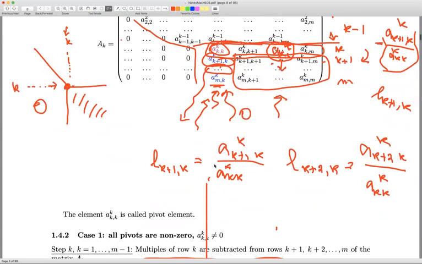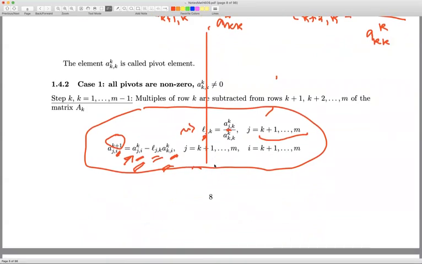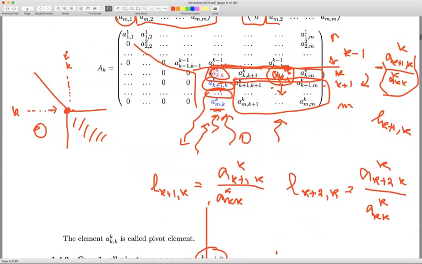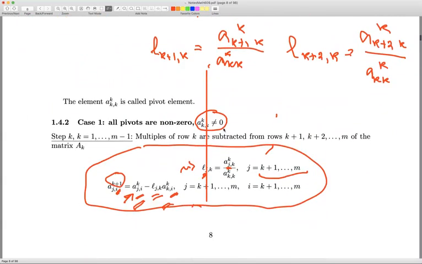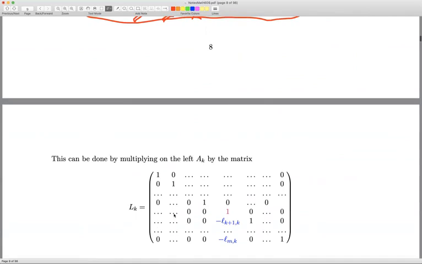This is the Gauss elimination. And this can be done only if every time, after every step, the pivot element that shows up, which is the element here in the corner of the submatrix, is a non-zero element. Only then we can compute the numbers LJK.